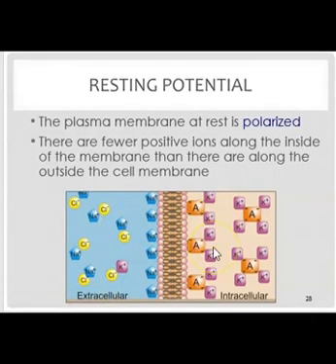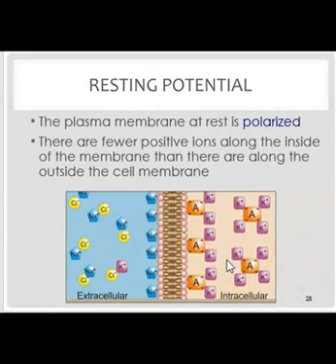However, the potassium is more negative than the sodium. So in a typical resting potential, the inside of the neuron is going to be more negative compared to the outside, which is going to be more positive. And that's where you get the -70 millivolts here.